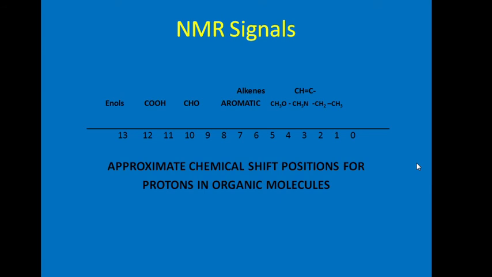UV visible spectroscopy means a compound which absorbs between the range 400 to 800 nanometers. If it is in the visible region, then the molecule will be colored, right? If it is in the UV region, it need not be colored, but it is going to absorb the ray in that particular frequency range. What is the criteria for a molecule to be UV visible active?